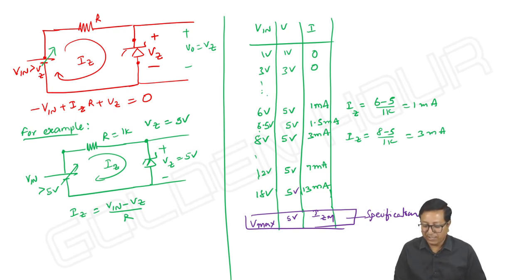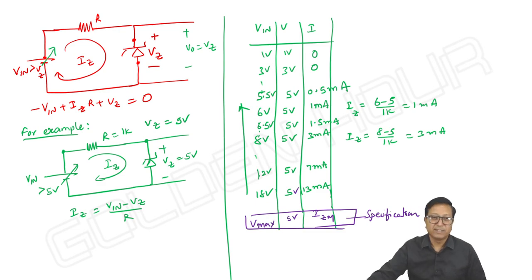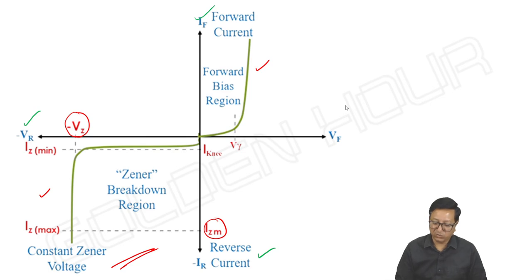Further I am reducing, suppose it is 5.5 volts, still it may be 5 volts and it is 0.5 milliampere. So as we keep on decreasing V input, the current through the Zener diode also decreases.